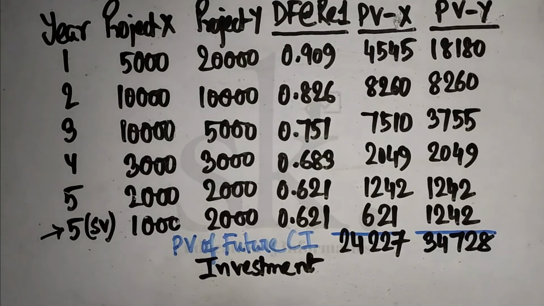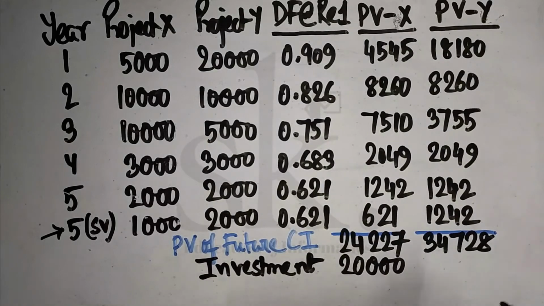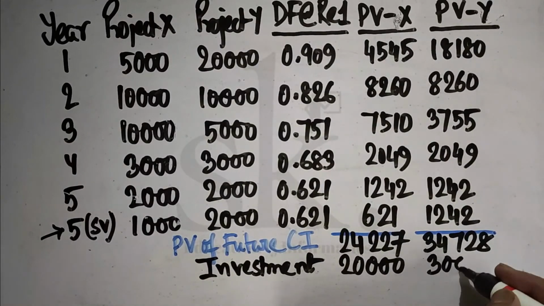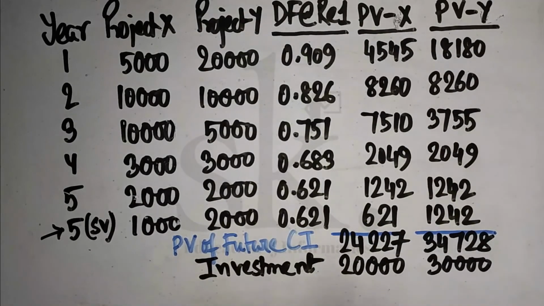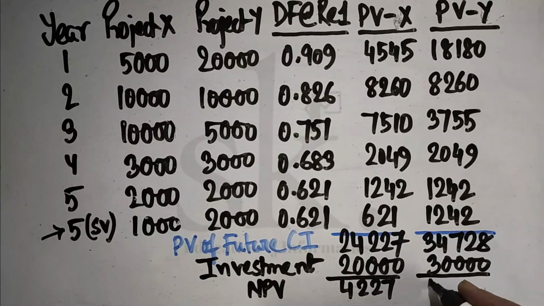So what is the initial investment? The initial investment for project X was 20,000 and for project Y was 30,000. This is what has been given in the problem. If I subtract this now, I'm going to get NPV. How much is coming? For the first project it's coming 4227, and for the second one it's coming 4728.